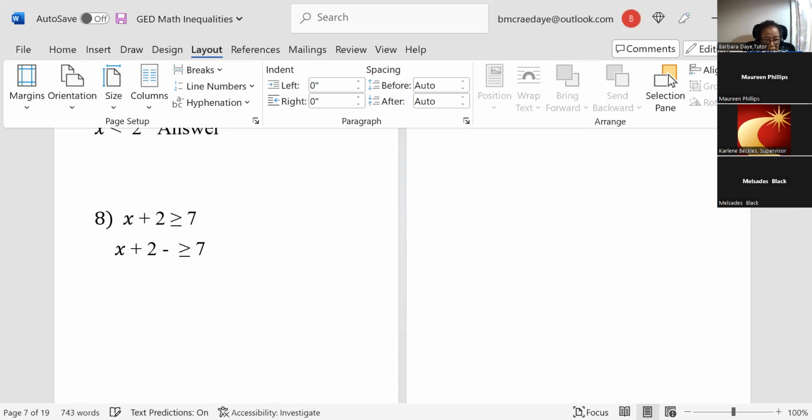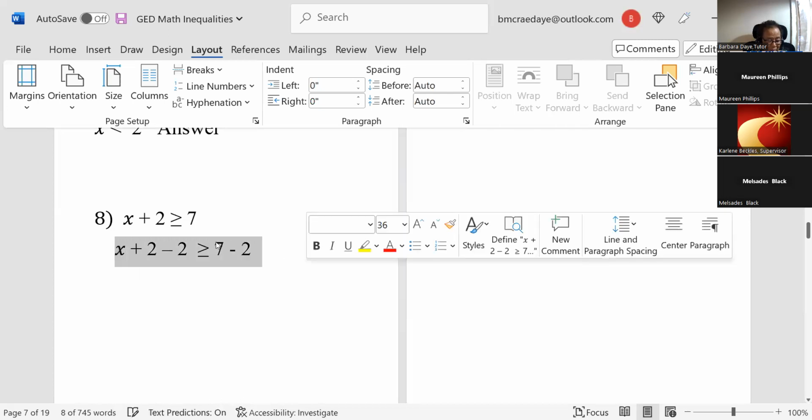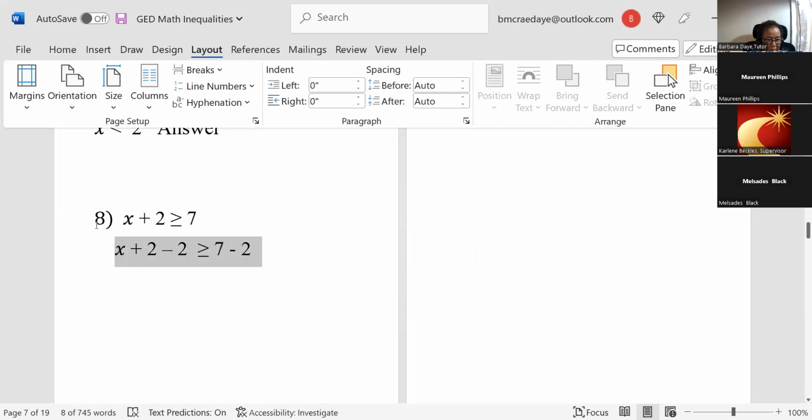Subtract the 2 on both sides. So minus 2. So what's the answer, Maureen? 5. The whole answer, Maureen. All that is X is greater than 5.